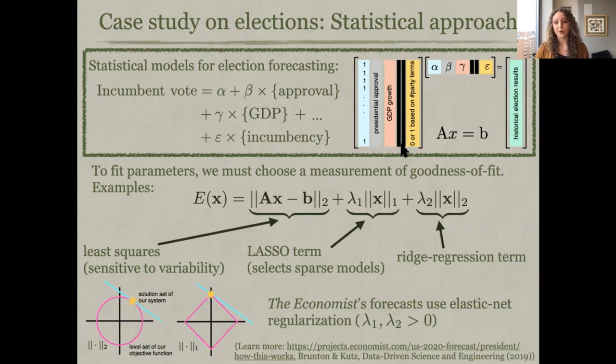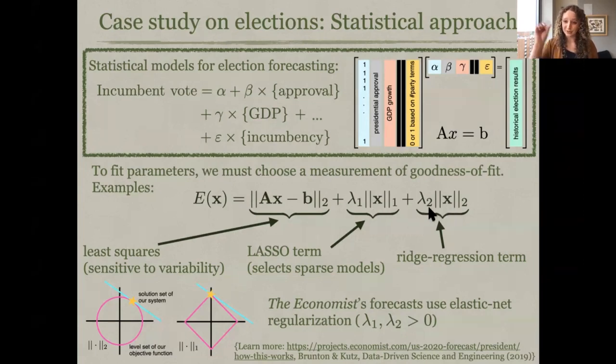And so then you are solving for what your parameters X should be by minimizing some error. And here, what I'm showing is instead of just minimizing the least squares error between AX and B, which is this term here, you can introduce regularization terms. So that's this lambda 1 times the L1 norm of X, and lambda 2 times the L2 norm of your parameters.